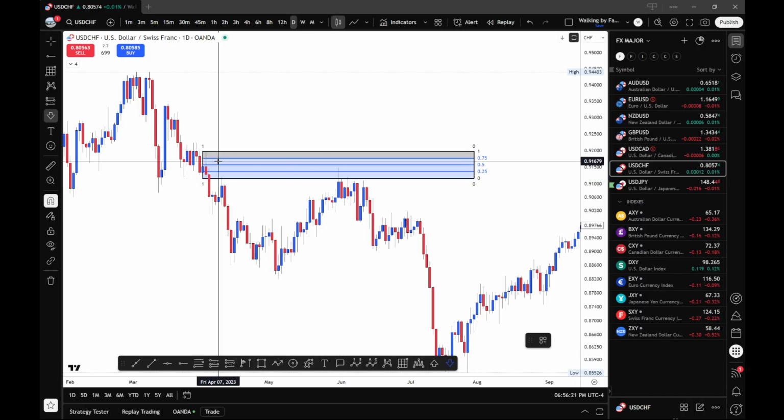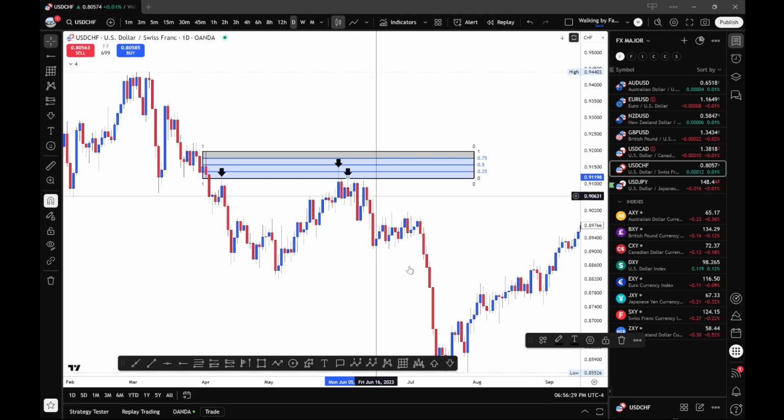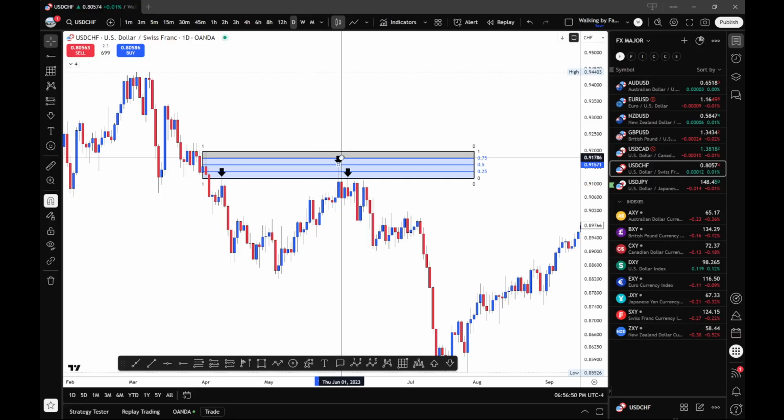We had this one, and then we had that one, and maybe this red one, but I'm going to go with these 3. So you see how the first one kissed the bottom of the box. That's an entry, depending on your spread. The second one gave us right into the 25%.